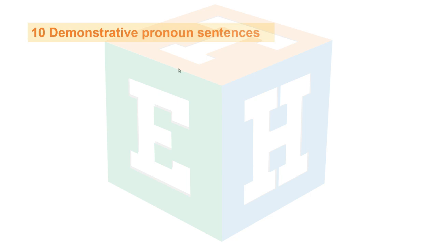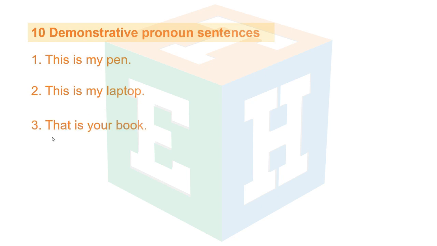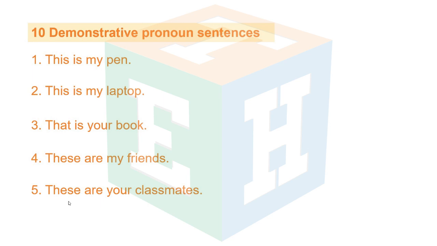10 demonstrative pronoun sentences. Number 1, this is my pen. Number 2, this is my laptop. Number 3, that is your book. Number 4, these are my friends. Number 5, these are your classmates.